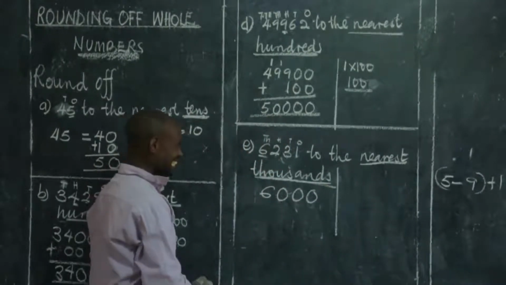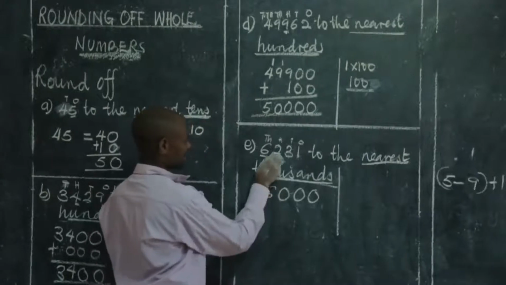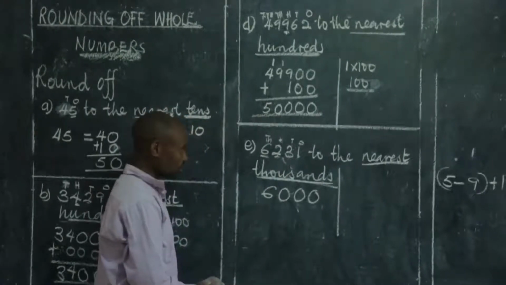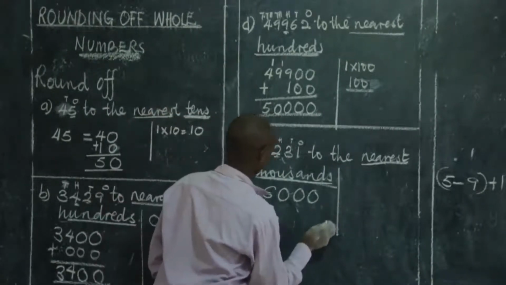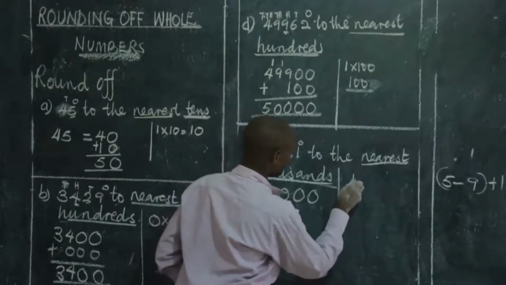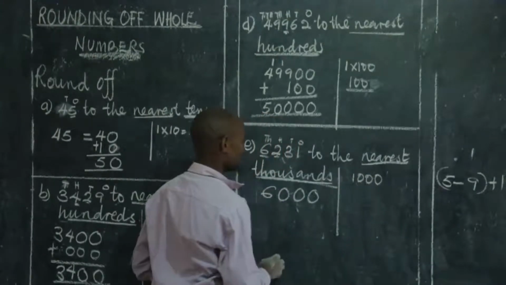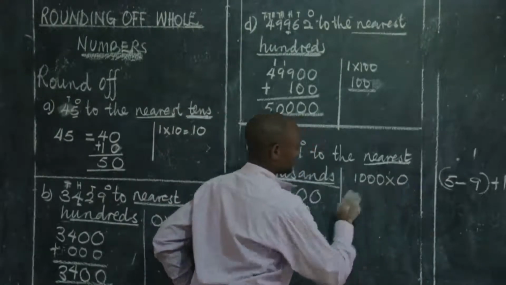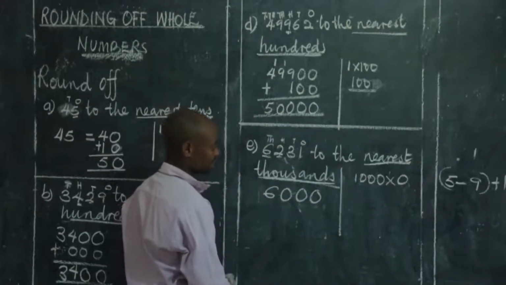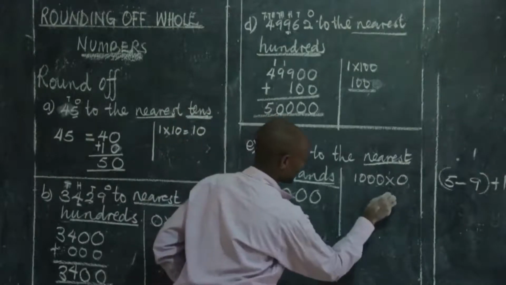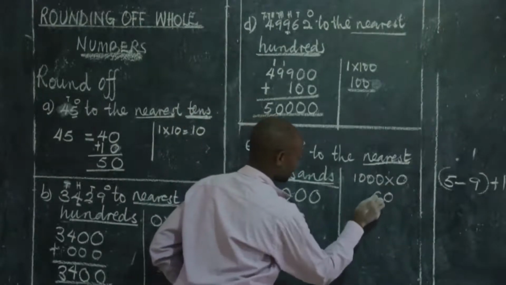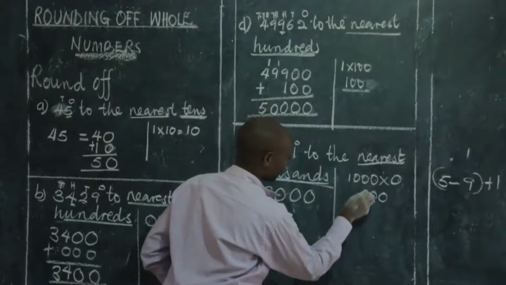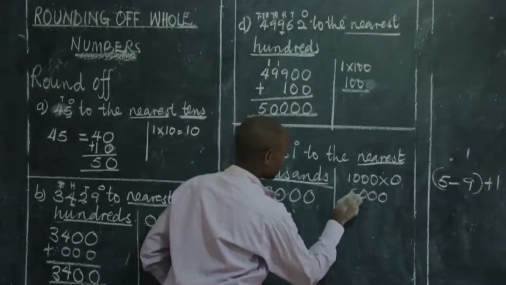Then we look at the nearest digit. Which digit is nearest to thousands? It is 2. Does 2 add 1 or 0? It adds 0. So we shall get the place value 1,000, then times 0, because it is going to round down. So 0 times 0, 0. 0 times 1, 0.